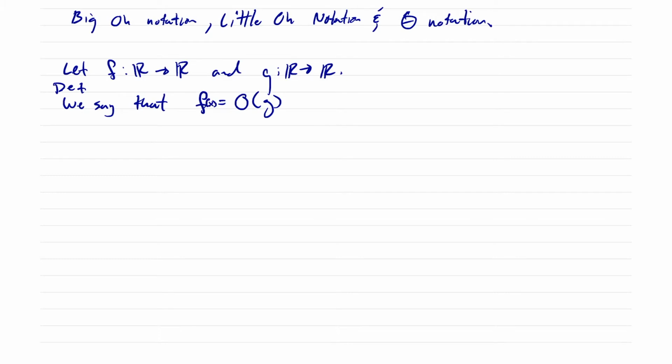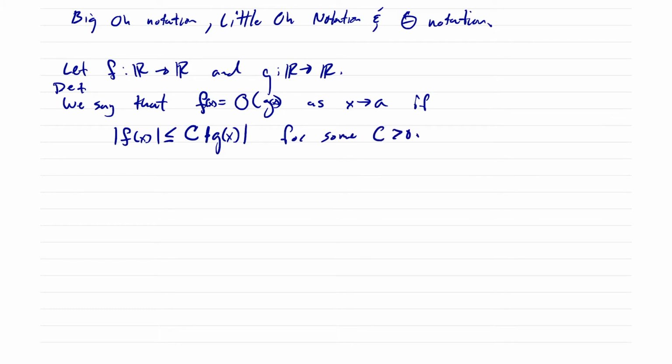Say f of x and g of x, as x goes to a, if we have absolute value of f of x is less than or equal to c times the absolute value of g of x for some c.